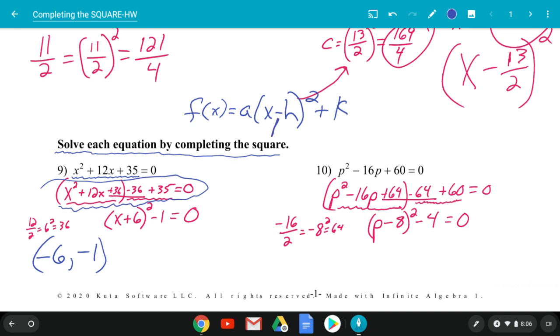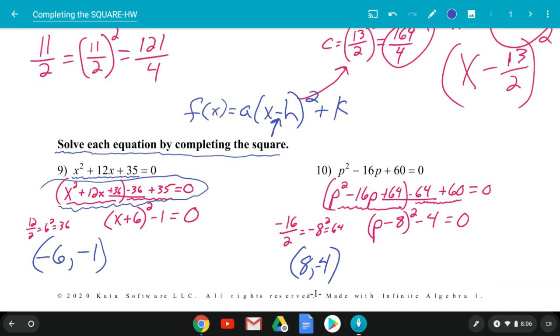And this minus sign, sometimes we read it as opposite. So we need the opposite of what we see in there. Okay. Looking at number 10, what is the vertex then? 8, -4.